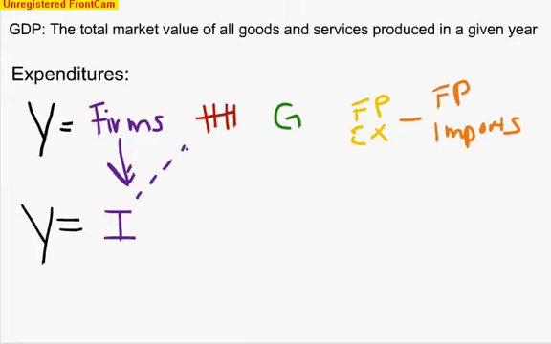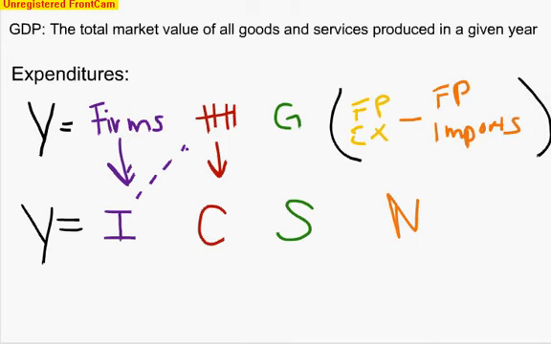However, the primary thing that they're going to call an action by households is going to be consumption. And then by the government, it's just going to be spending. And over here we have the foreign purchases and the foreign products, and that's going to come in the form of net exports. So foreign purchases, exports, minus foreign products, imports.